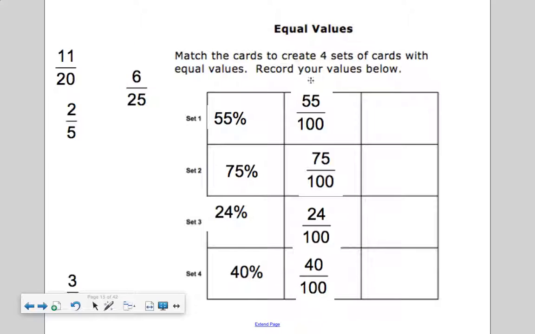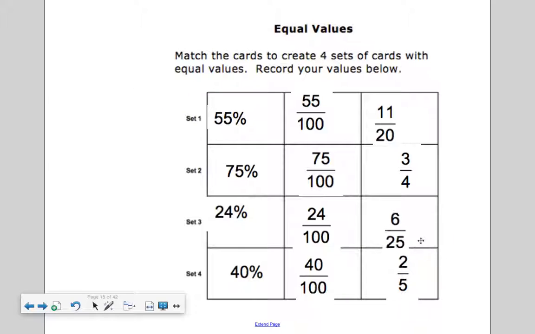Can I simplify this? Divide both numbers by 5, 11/20. I'm going to skip this one. Divide both numbers by 10, I get 4/10. They're still even. Divide by 2, 2/5. Isn't 75 cents 3/4 out of 4? So I mean, this is the last one. 12/50 or 6/25.